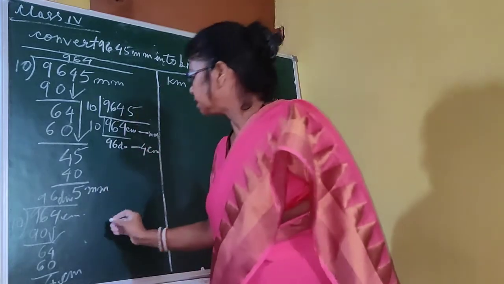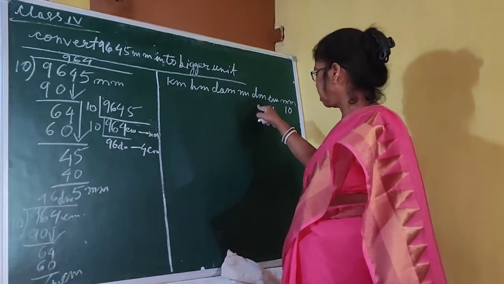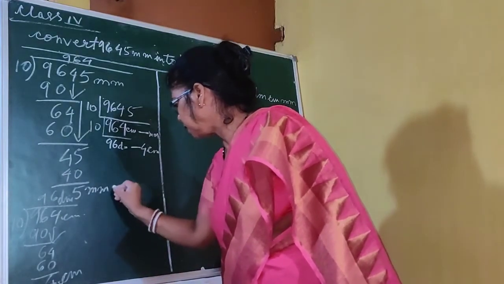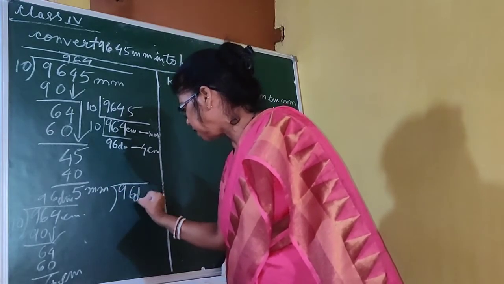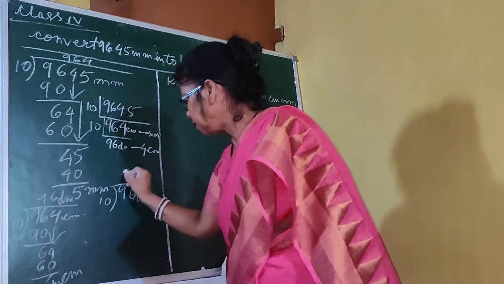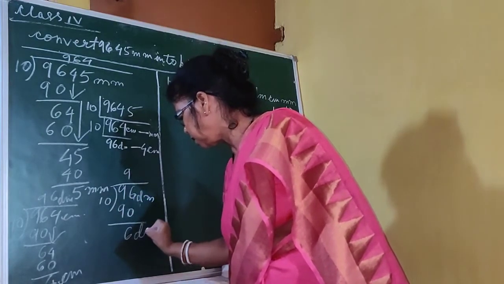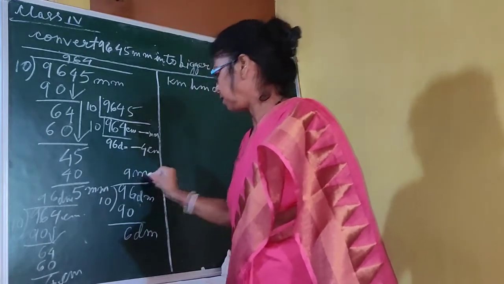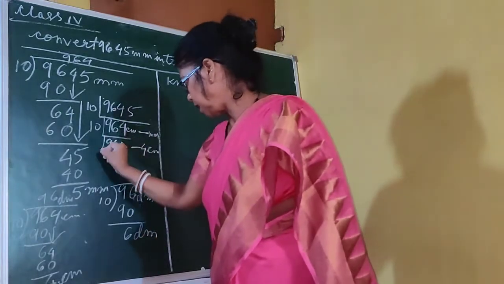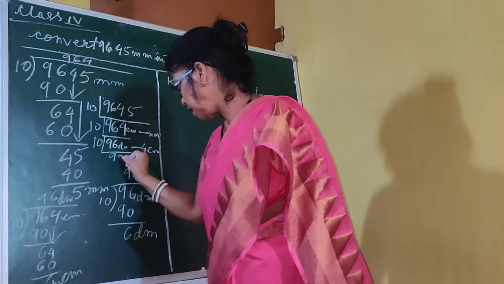Then again 96 decimeter converts to the higher unit, 10 decimeter to meter. 96 is in decimeter, DM. 10 nines are 90, remainder 6. So it is DM, and the quotient will be meter: 9 meter.